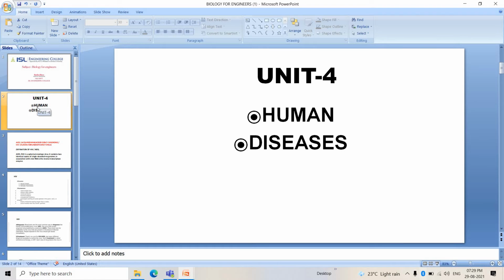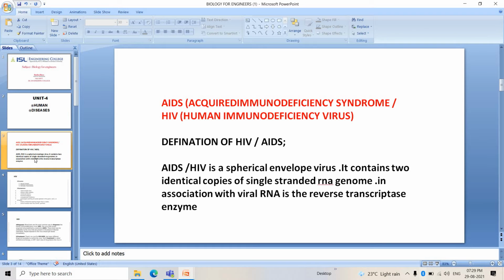And in our today's online session, we'll finish off this Unit 4. The last topic which is remaining in this unit is the disease AIDS or HIV.